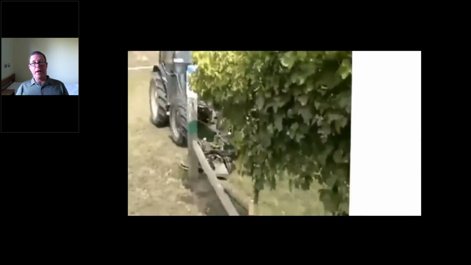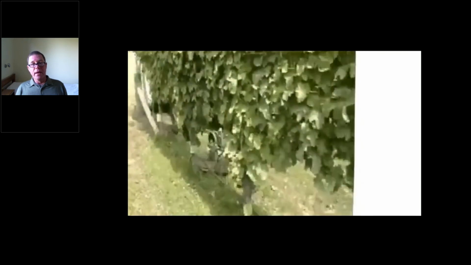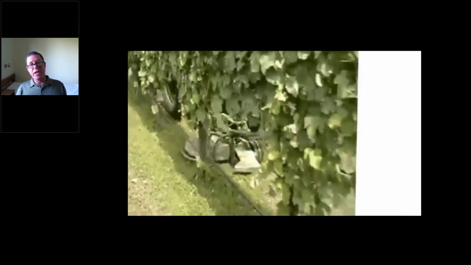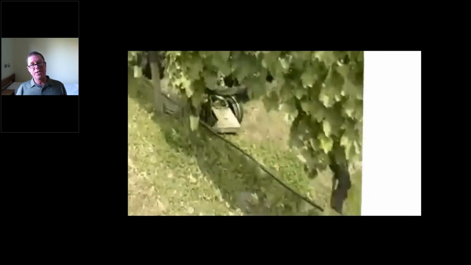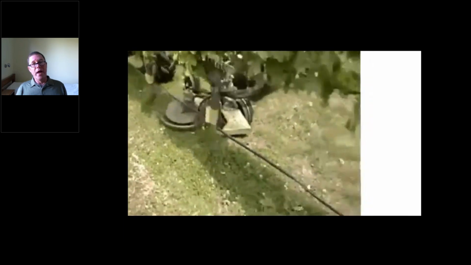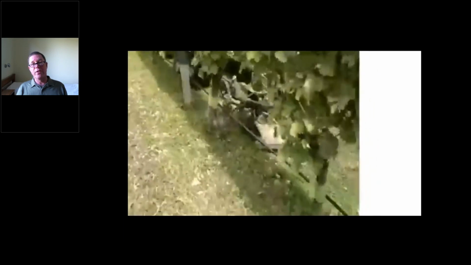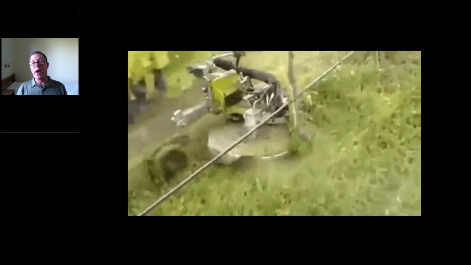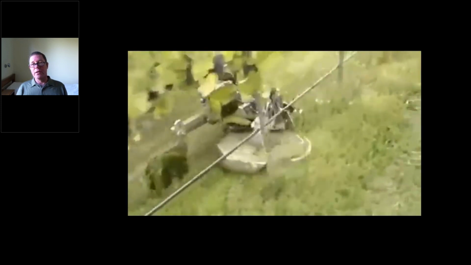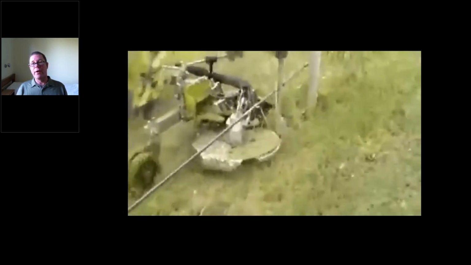Here's a short bit of video. This is a machine from New Zealand with a sensor system, and this is mulching. And there's some pretty reasonable work rates achievable with these machines now. So this is probably doing a good 4 kilometers an hour, which is a reasonable speed to be doing through a vineyard, especially on more narrow roads.